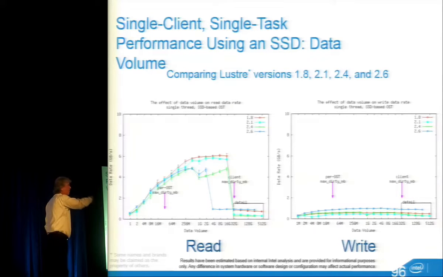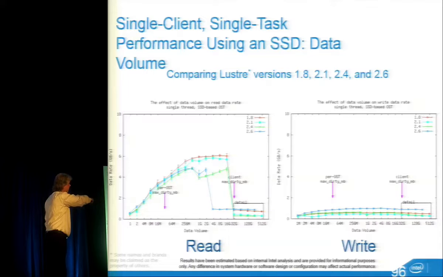And that edge is right about how much cache you can keep on the local client before your writes start removing what you would then later read. So basically you're having to read all the way from the OST on the right-hand side of this graph, and once it falls off that cliff, it's pretty flat, so it really didn't matter how much data you moved after that.